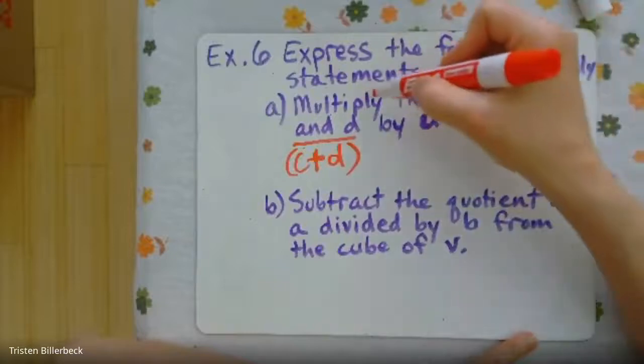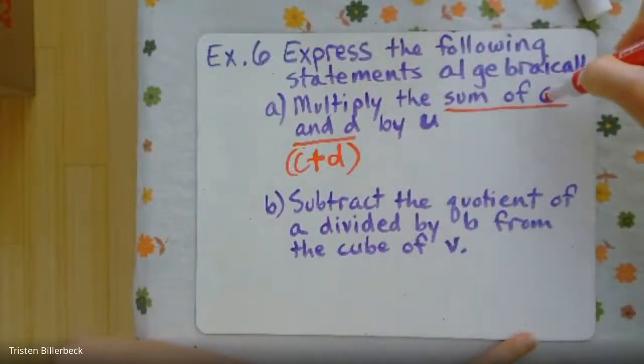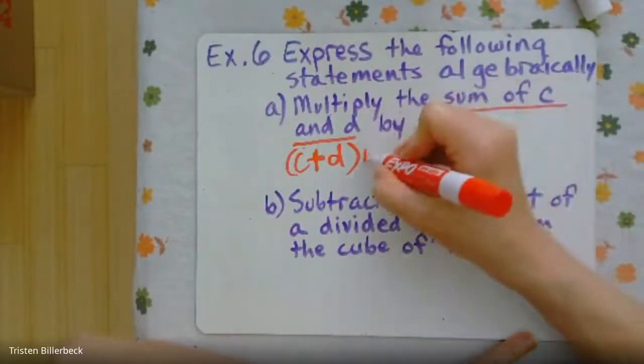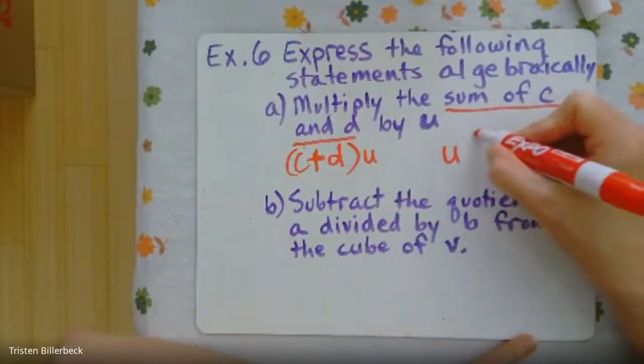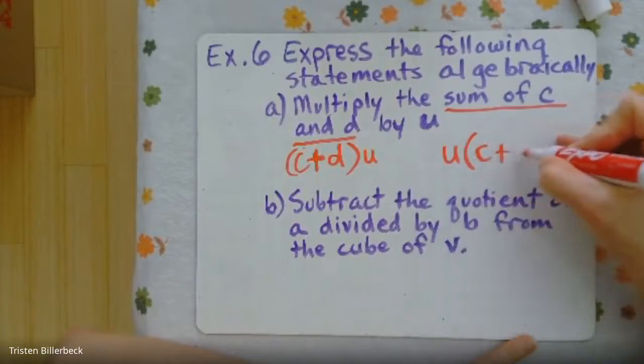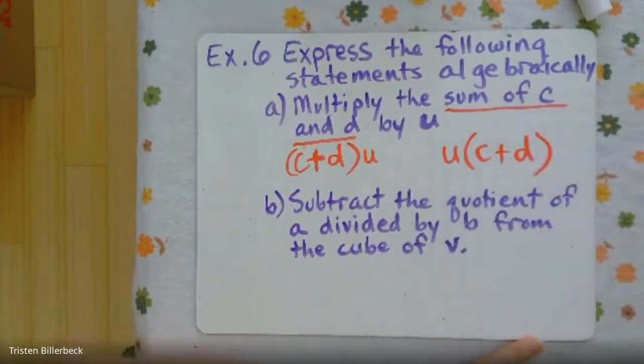So then we're going to multiply the sum of C and D by U. So we can write it this way. We can also write it this way because of the commutative property of multiplication.